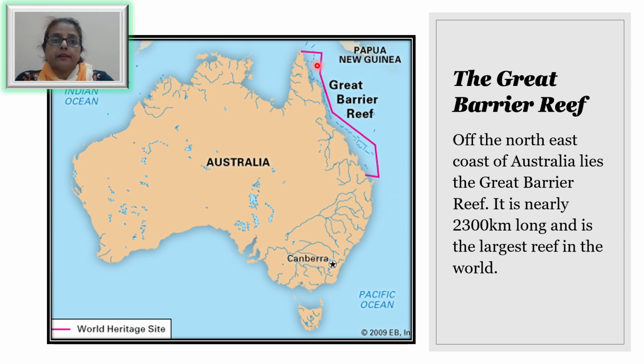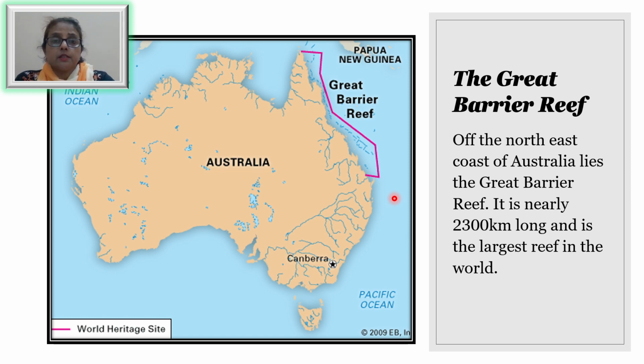The Great Barrier Reef lies in the northeastern, or mostly eastern, part of Australia. It is nearly 2,300 kilometers long and is considered the largest reef in the world.